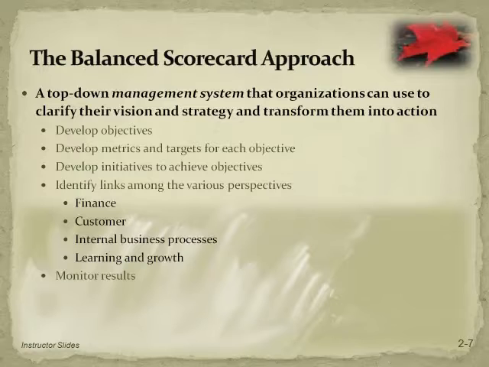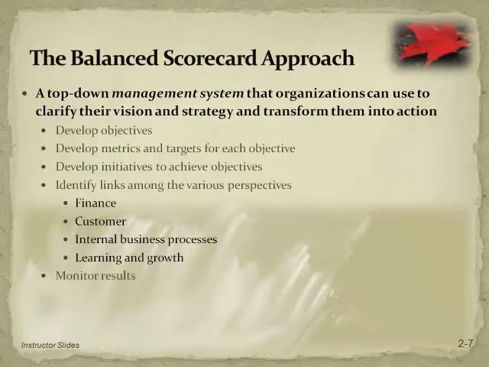Now, in Chapter 1, we talked a little bit about Professor DeLuke's 3 fundamentals, and the third fundamental is measurement. Starting with this slide, we'll talk a little bit about the concept of a balanced scorecard approach. We need to continuously improve, and the way that we know whether we are improving or not is through some measurement.